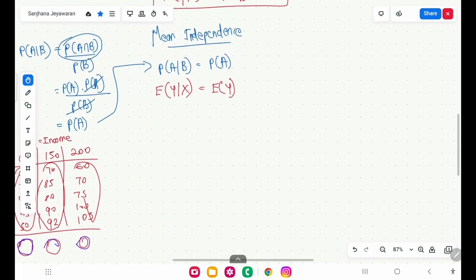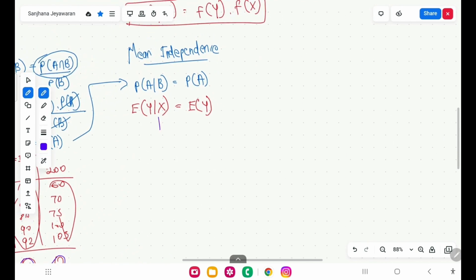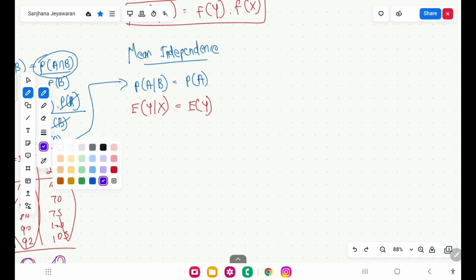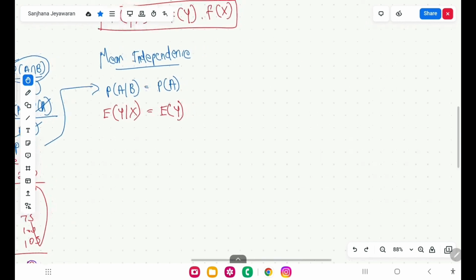So when we do it like that, when our x values are fixed, the expectation of y, that is the mean value of the y variable, is equal to itself, that is mean independence.